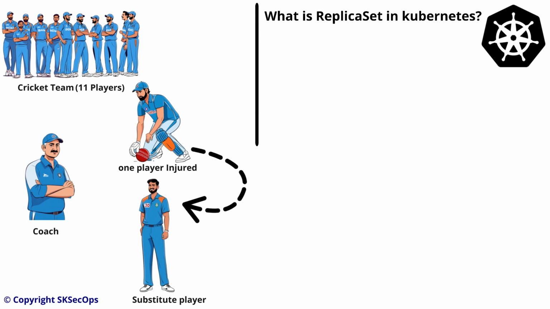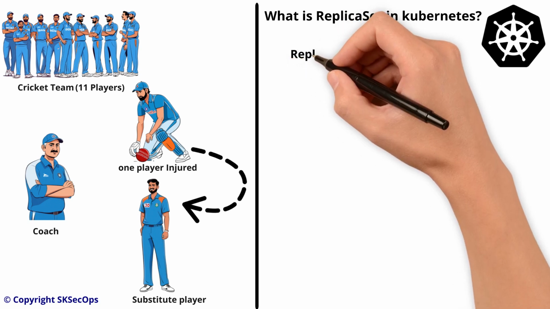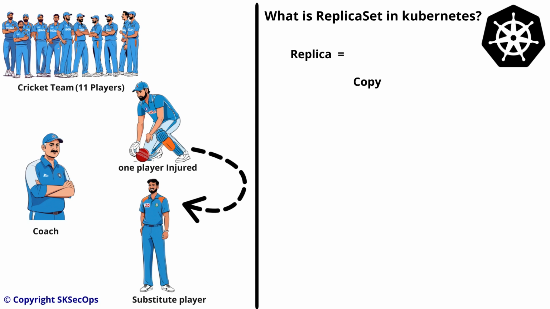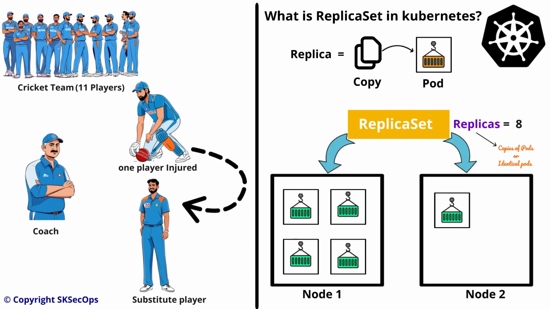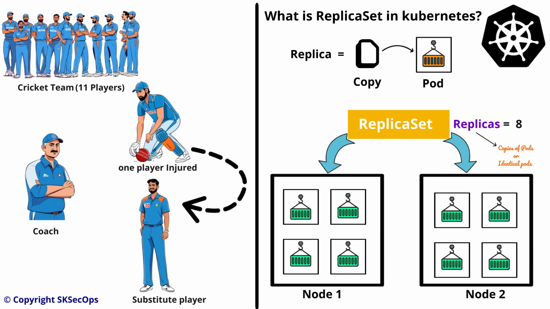But before we understand ReplicaSet, first of all, we need to understand what is meant by replica. Replica means copy. Copy of what? Copy of your pod. ReplicaSet is a group of identical pods and ensures the desired number of pods are always running. In ReplicaSet, we can mention the number of replicas. If I set the number of replicas to 8, then ReplicaSet will ensure 8 identical pods are running on either node 1 or node 2 based on resource availability.